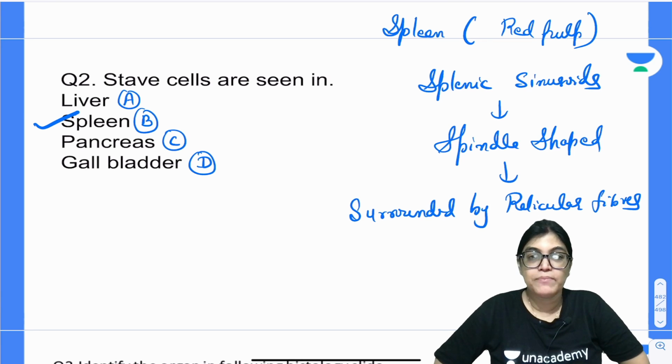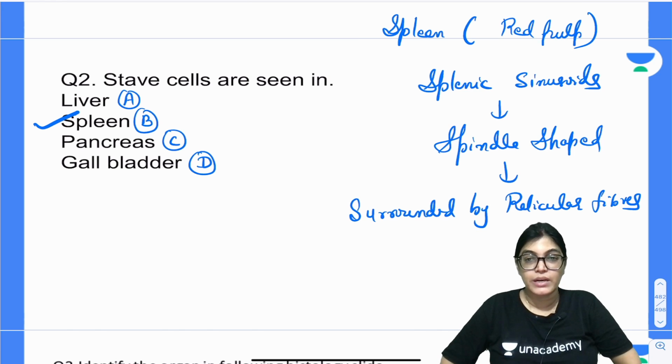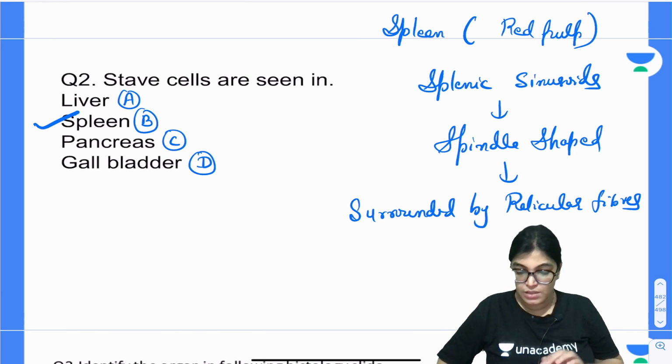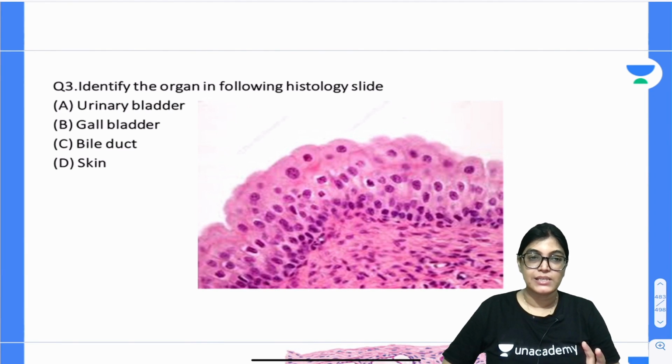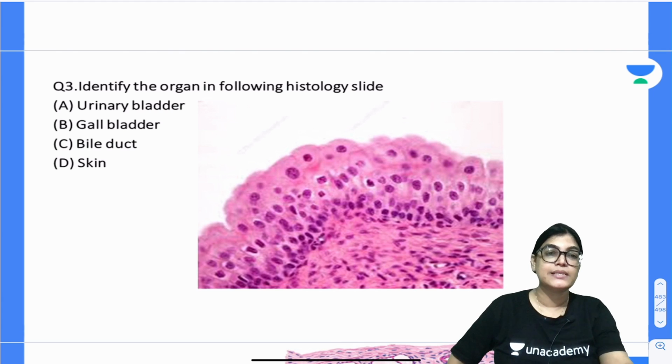So done with this, my dear aspirants, let's move on to the third MCQ. All the best, dear aspirants. Now, identify the organ shown in the histological slide. This is an epithelium MCQ. Take your time.